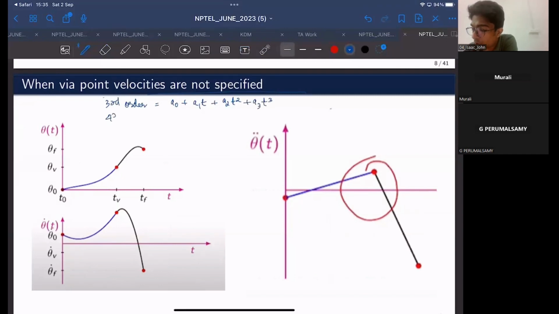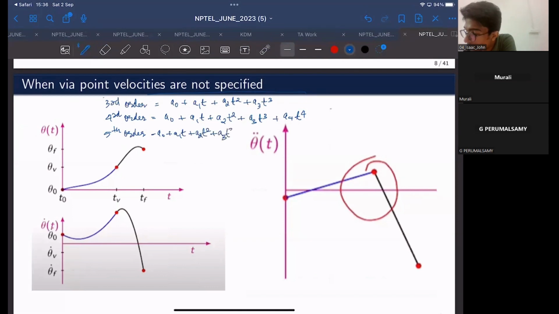A fourth order polynomial would be something like a0 plus a1t plus a2t square plus a3t cube plus a4t to the power 4. And a fifth order polynomial would look something like a0 plus a1t plus a2t square plus a3t cube plus a4t to the power 4 plus a5t to the power 5.